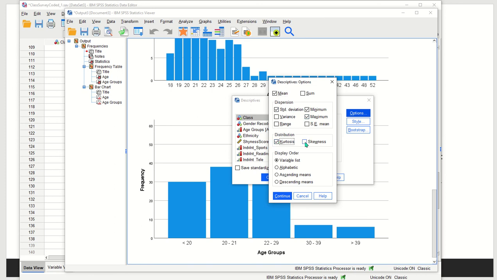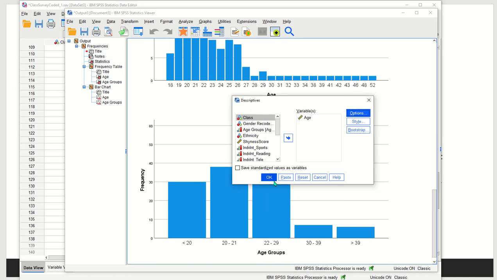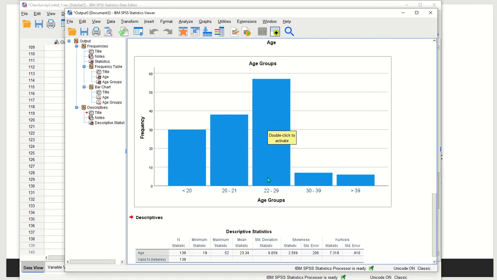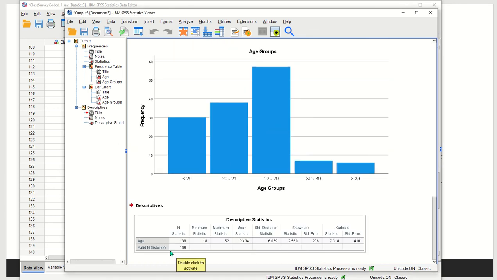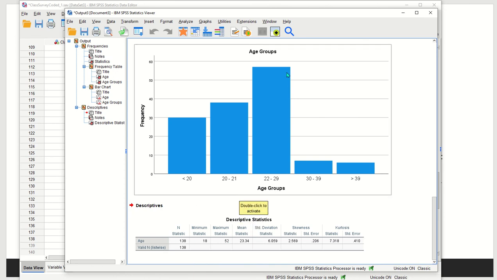We can also report the skewness and kurtosis, continue, and then click OK. And now, here it just reports the number of people here, what's the oldest and youngest people in this study. You're going to get rates for skewness and kurtosis, and then the standard deviation, and your mean, of course.